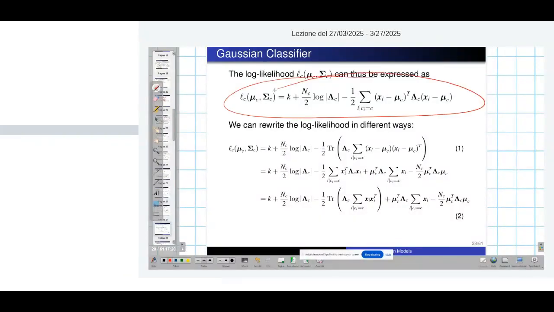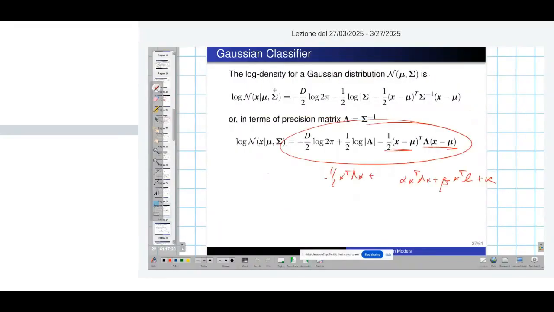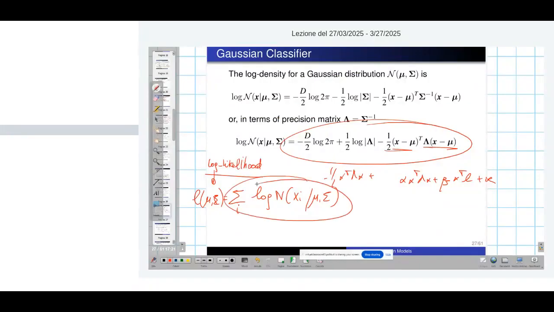Now, let's take this expression and write our log likelihood. What is the log likelihood for our dataset? It's a sum over samples of the logarithm of the Gaussian density when the parameters are mu and sigma. This is the definition of log likelihood. It comes from the definition, assuming independent and identically distributed random variables and so on.